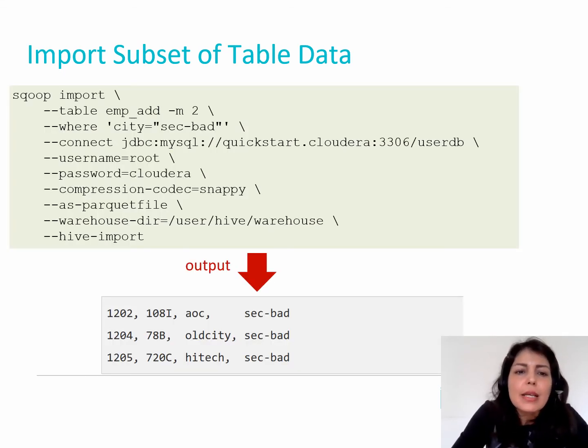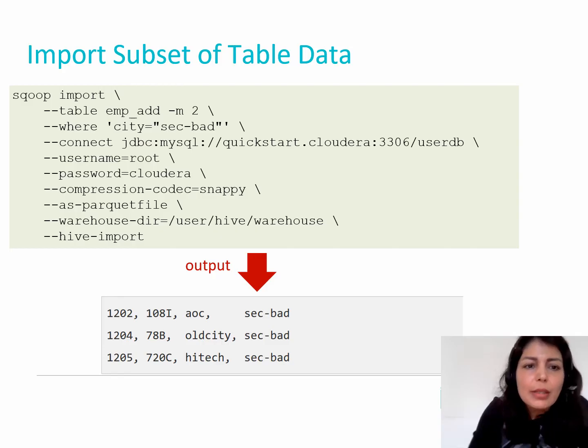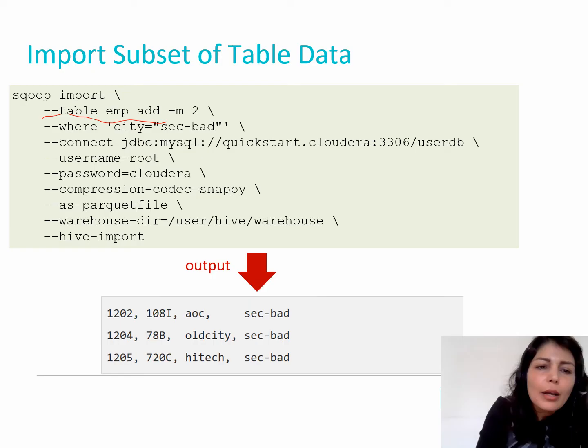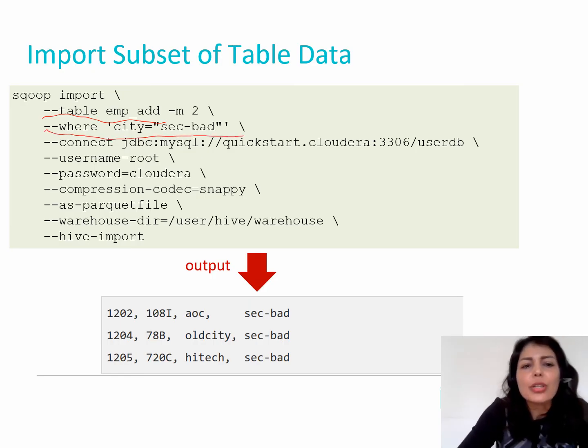This is the previous syntax for importing the imp table. Here we are using imp add, another table, but this is very similar to the previous syntax. The only difference is that we changed the name of the table. Instead of imp, we now want to import imp add, and we have added a condition.